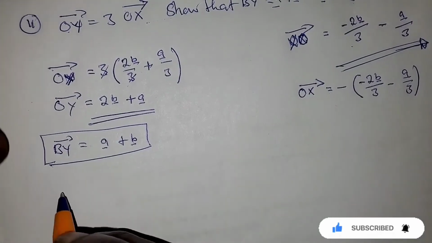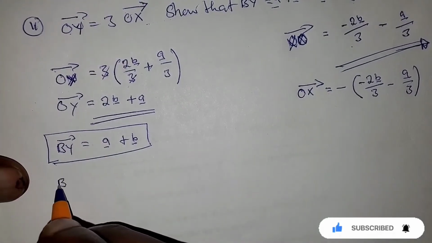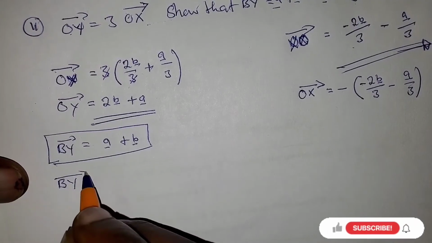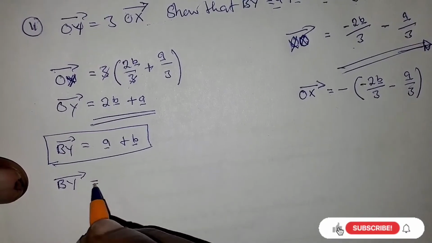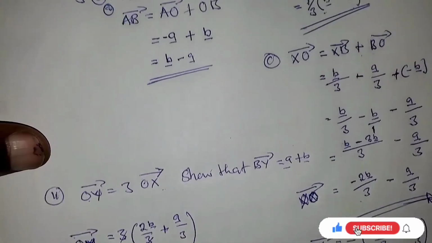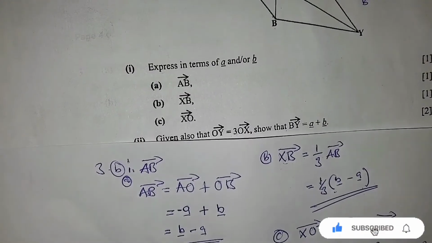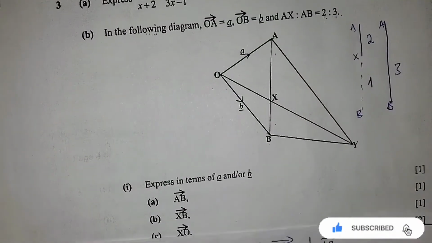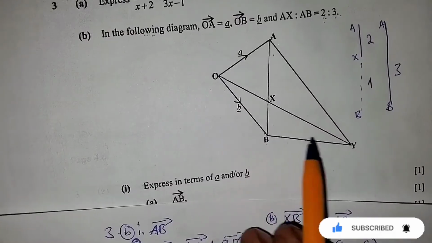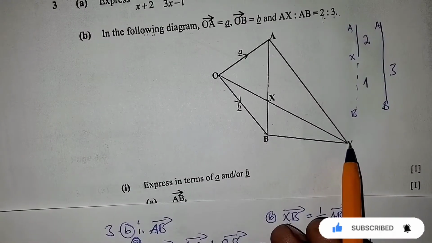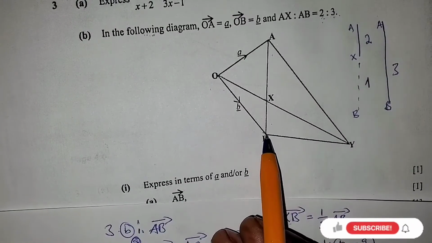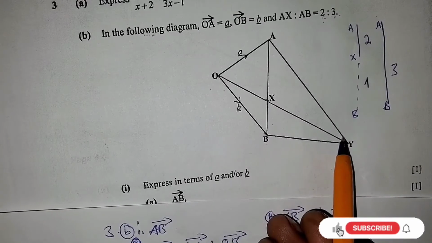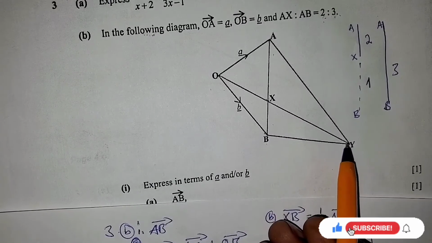They've just given you something to work on. So BY to work with, let's check the original question. So B is here, BY. How are we going to move for BY? Automatically, we're supposed to use.